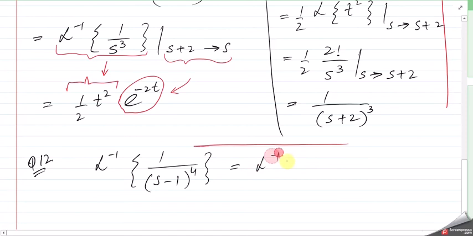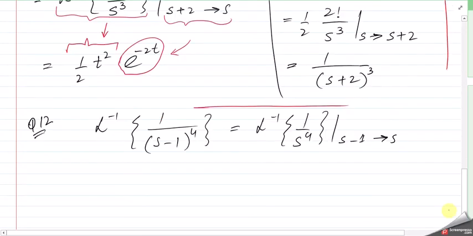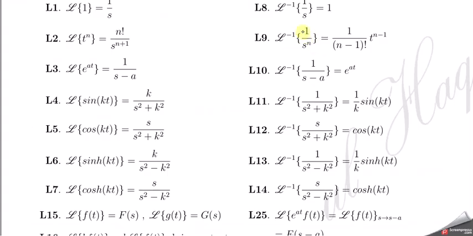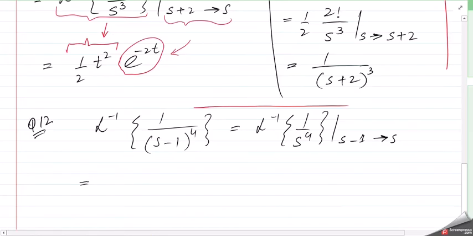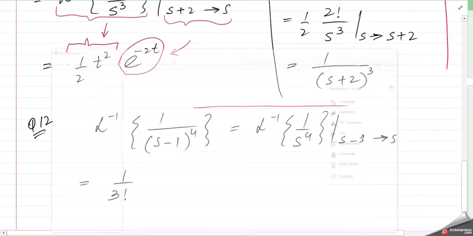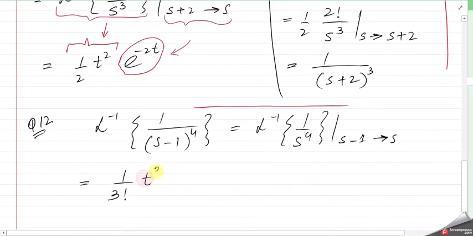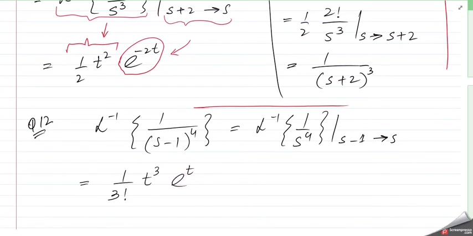And inverse 1 over s power 4, and s minus 1 goes to s. Okay? Now 1 over s^4, that is the formula we have. This formula will help me here. So this one becomes 1 over 3 factorial and a t cube, and then e power t because of this.